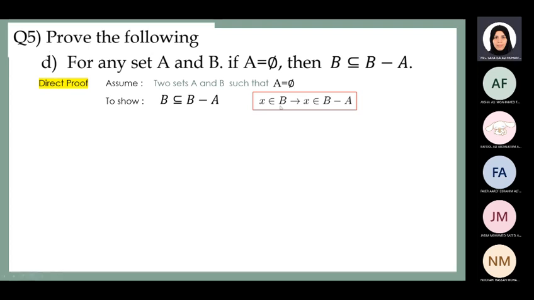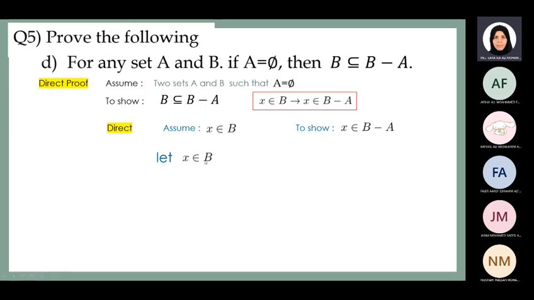Always proving an implies statement directly is by assumption. So this implies can be proved directly. You will say I'm assuming X belongs to B, and I have to show that X belongs to B minus A. Then you will say let X belong to B. So maybe your instructor starts with you from this step.